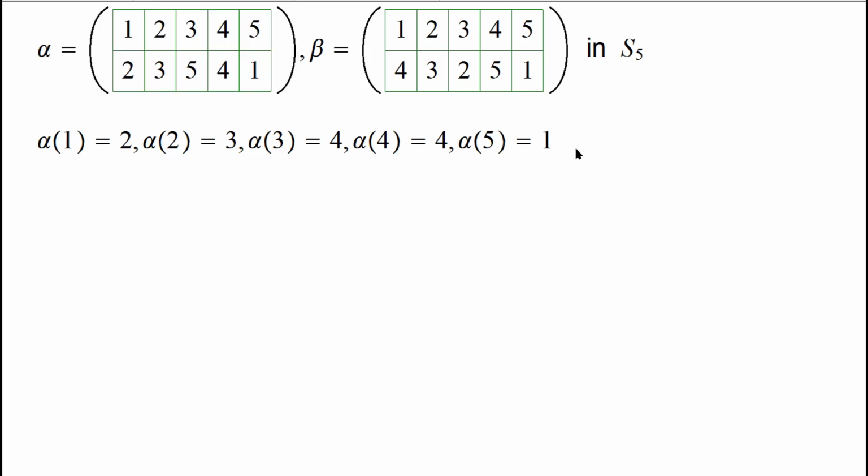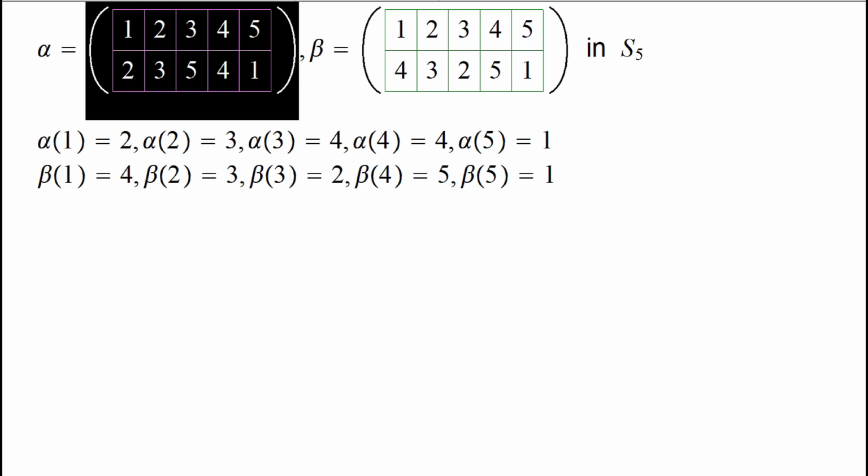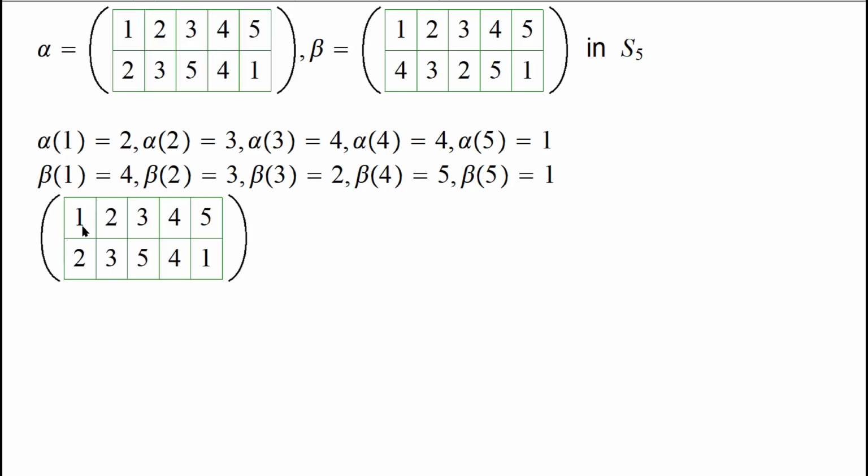Likewise for beta, 1 goes to 4, so beta of 1 is 4, beta of 2 is 3, and so on. Now say we are multiplying these two permutations.